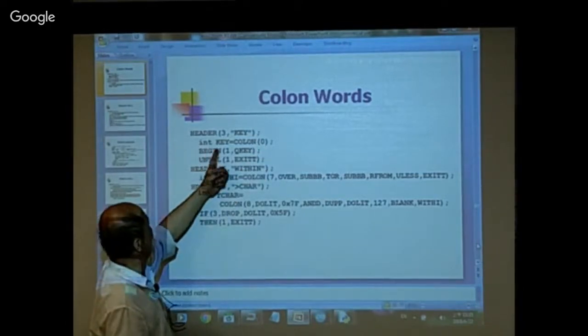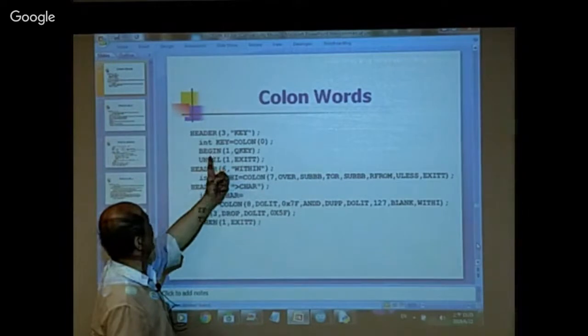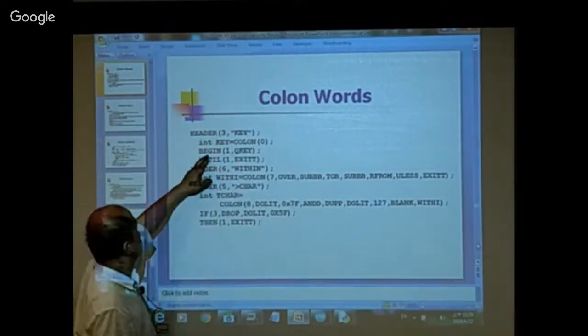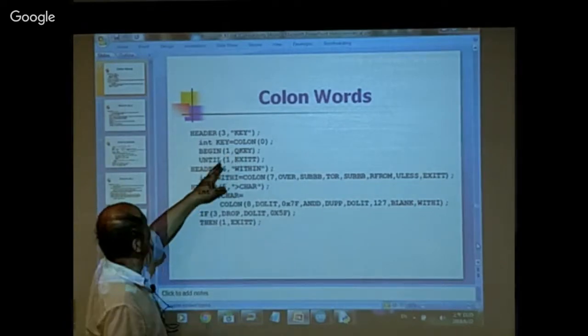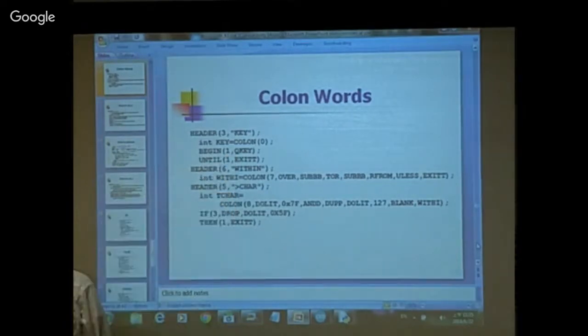Then this word has an if else then. It compiles everything until it comes to the if. So just like for, you do the if, and it compiles the true clause, and then will terminate it properly.